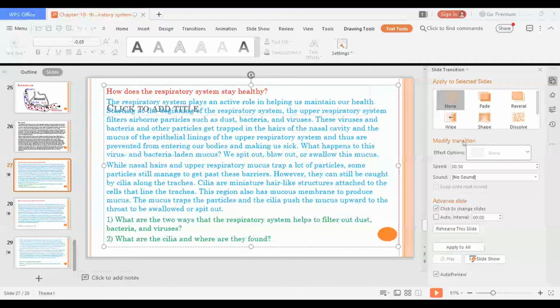Keywords are 2 ways, respiratory system, filter, bacteria and viruses. Question number 2. What are the cilia and where are they found? Keywords are cilia and where found. I will give you 2 minutes to find the answers to these 2 questions.